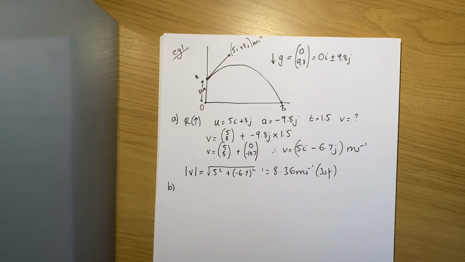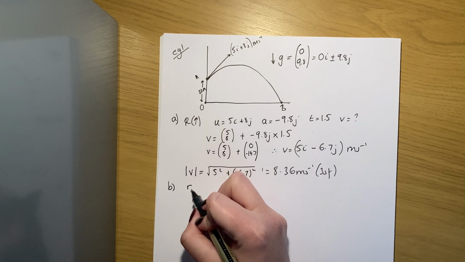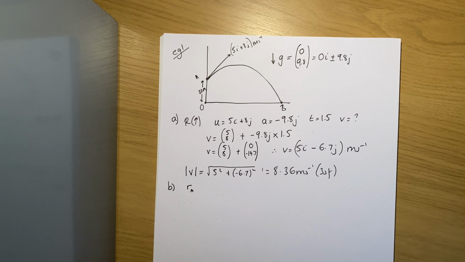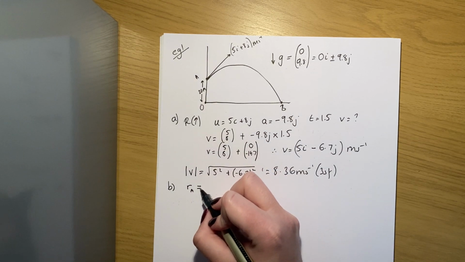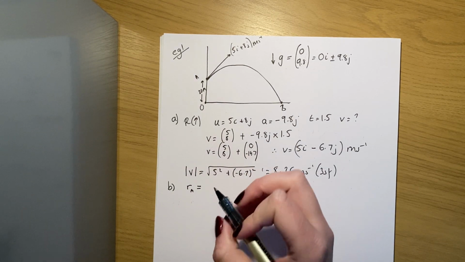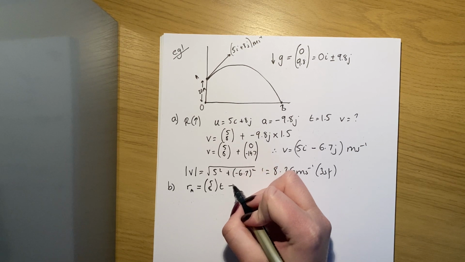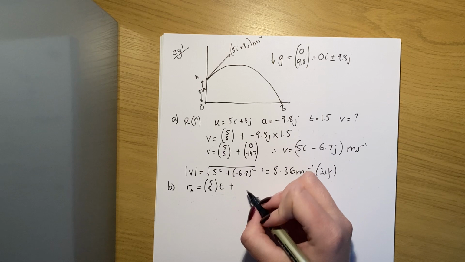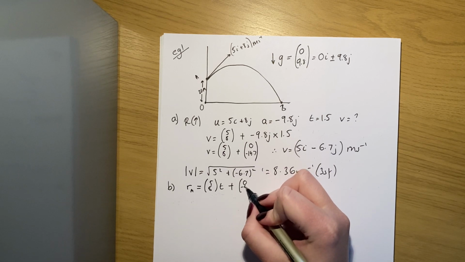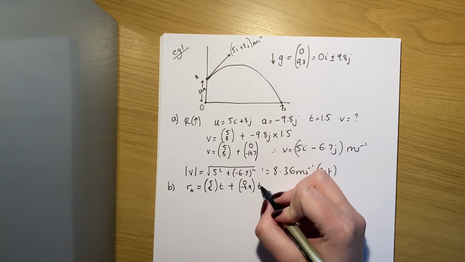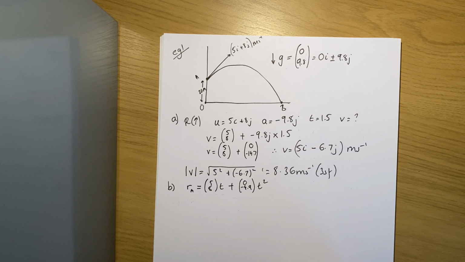So we're going to use s equals ut plus half at squared to find displacement. I'm going to say displacement from A is equal to ut plus half of a, which is negative 4.9, t squared.